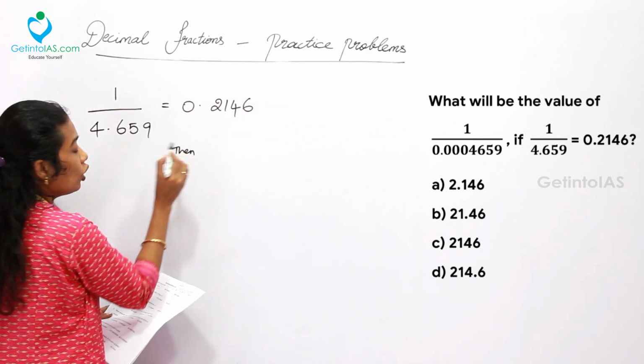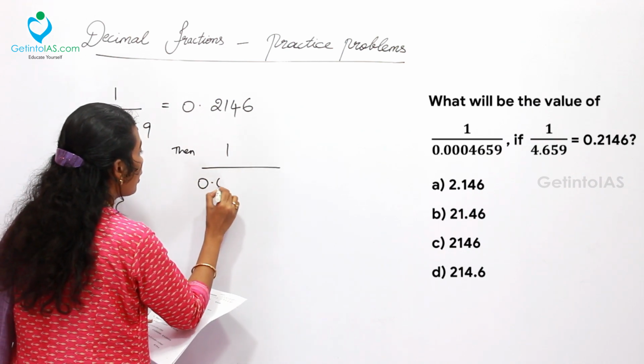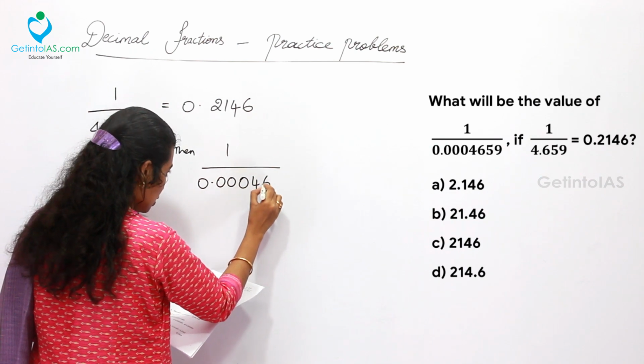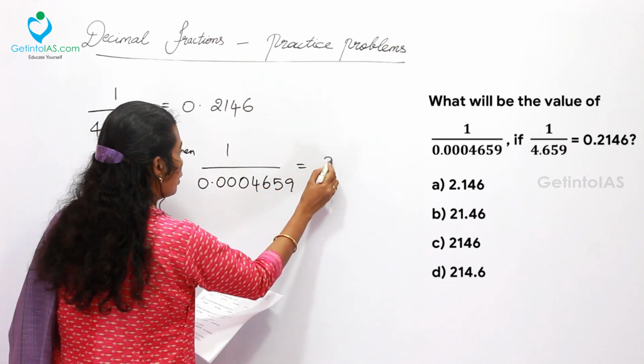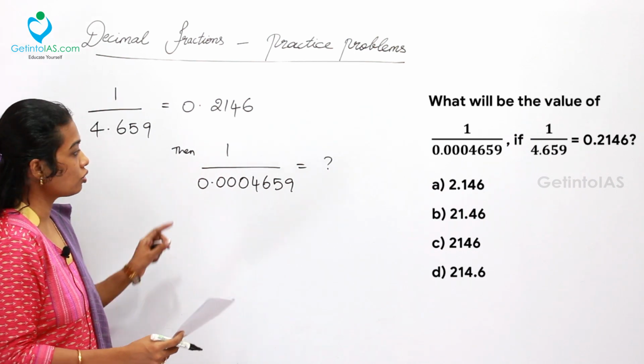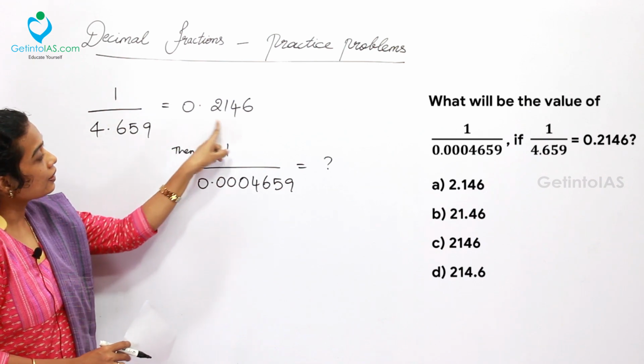Then you want to find 1 by 0.0004659, which is equal to what, among the options.